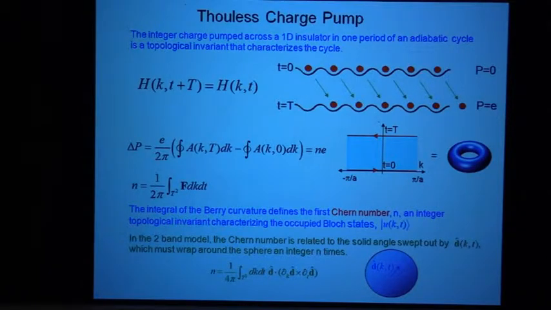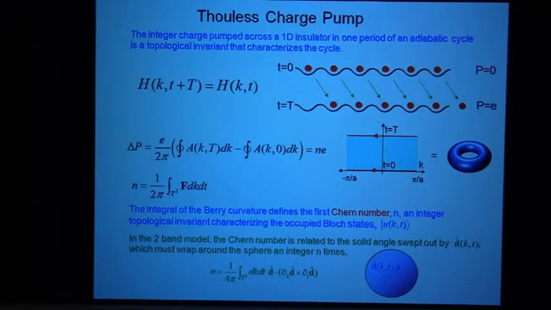So what this tells you is that having a non-zero value of n is an obstruction to defining the wave function continuously throughout the entire parameter space. That's an important consequence of having a non-zero Chern number. It's an obstruction to choosing this continuously everywhere.